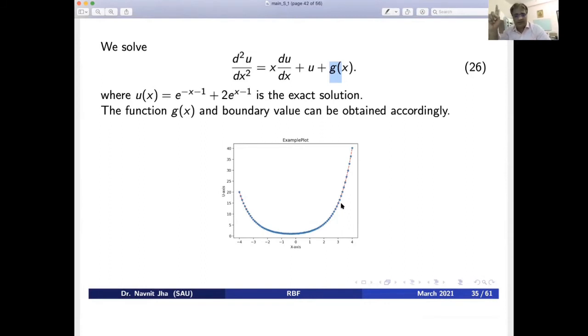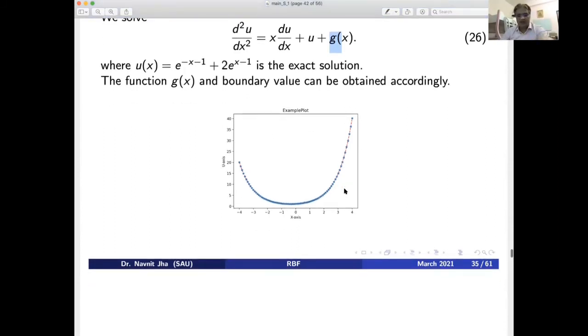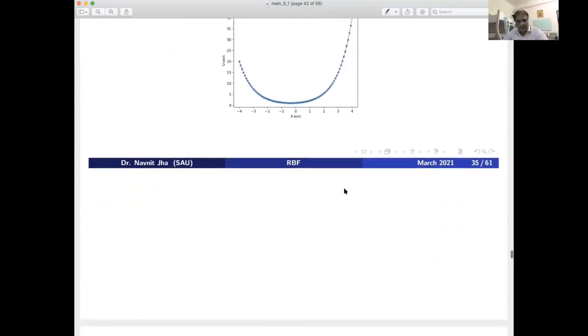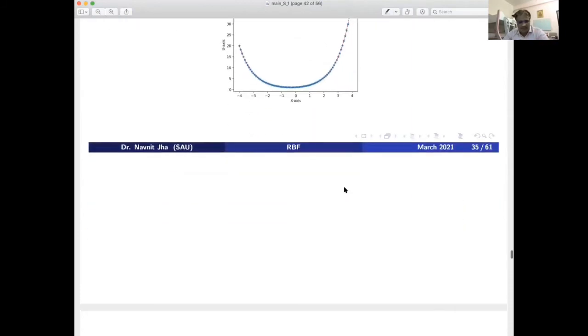I will show you the Python code, then you will see. It is almost overlapping. I took probably the number of points as 40. I will check it in the Python code. So when we apply the algorithm, we get this result.